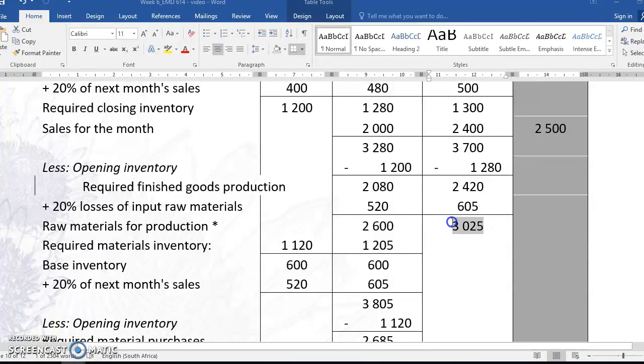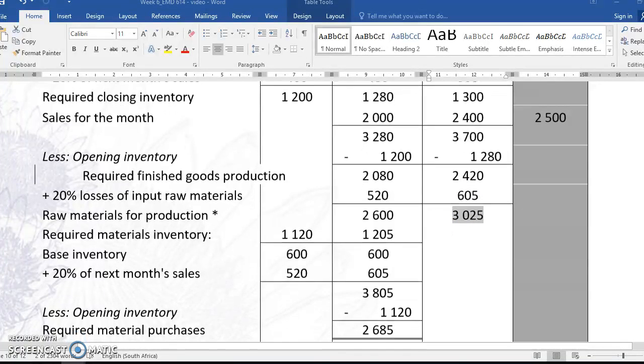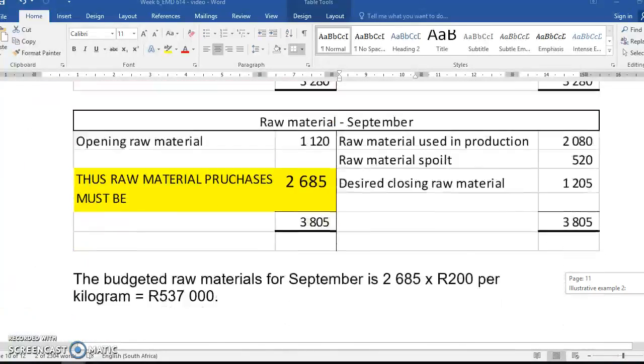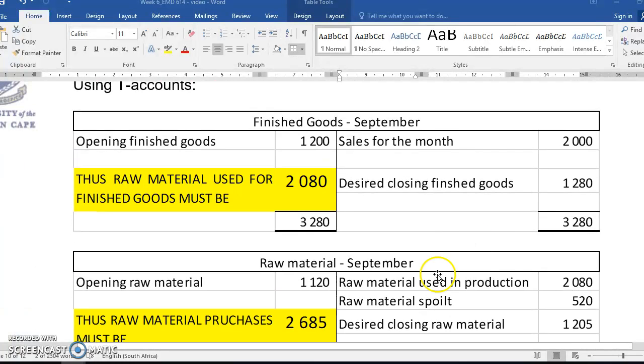The 3,025 is the units required for production, of which 20% was spoiled, and so 20% of the 3,025 is 605. When we add 605 to the 600, that gives us the 1,205, which is the closing inventory of raw materials for September.